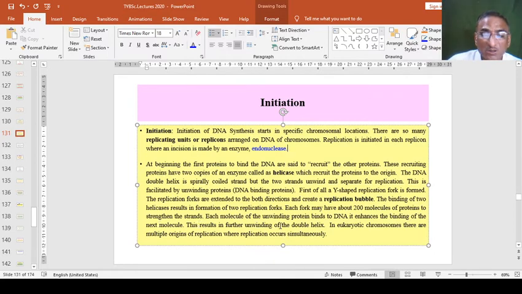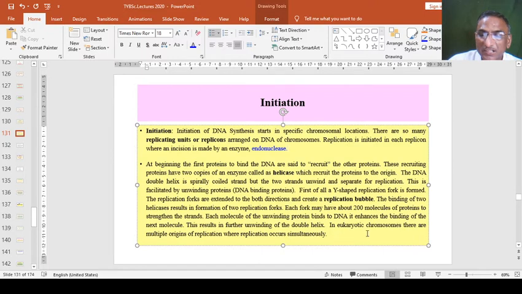Each molecule of the unwinding protein binds to DNA. It enhances the binding of the next molecule. This results in further unwinding of the double helix.